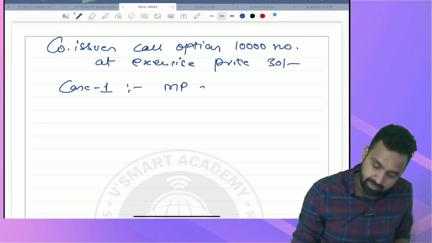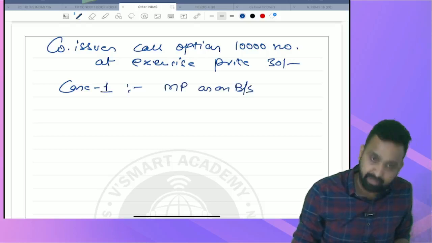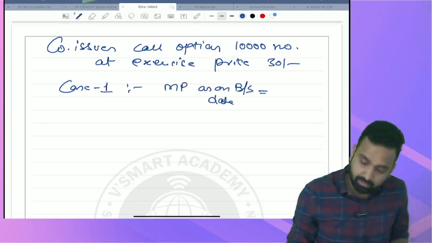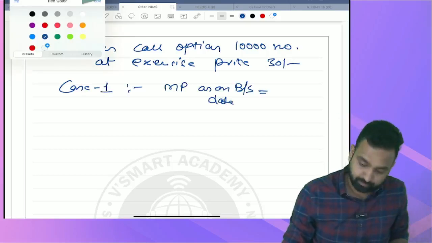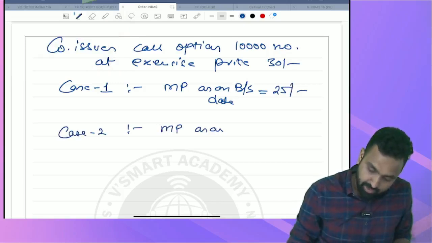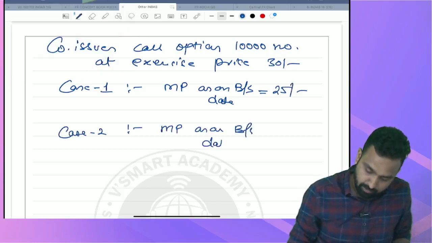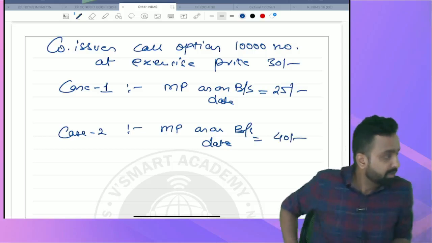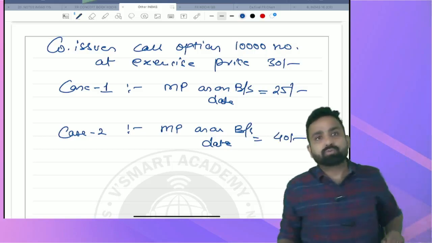Case 1, market price on balance sheet date 25. Case 2, market price as on balance sheet date 40. Tell me, in which case you will avail the option?